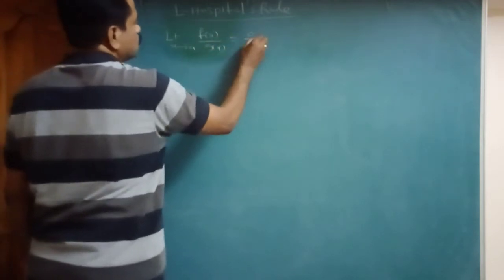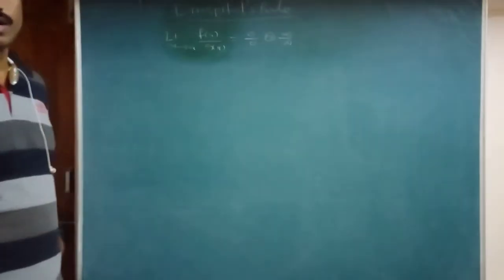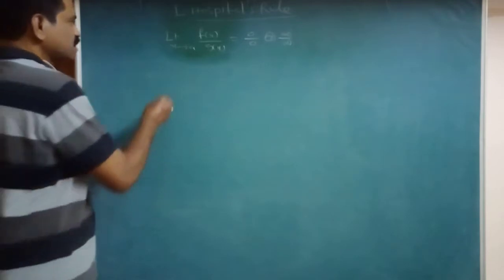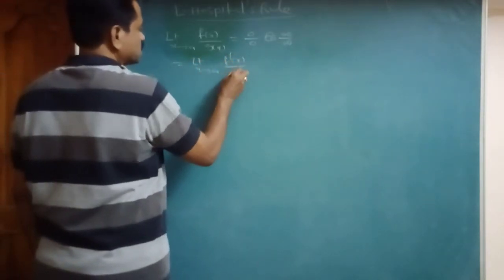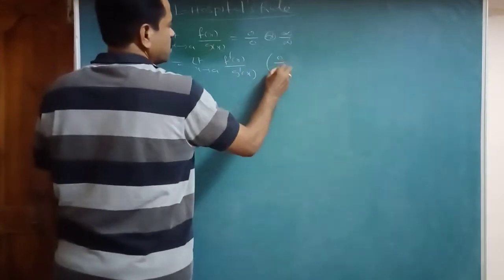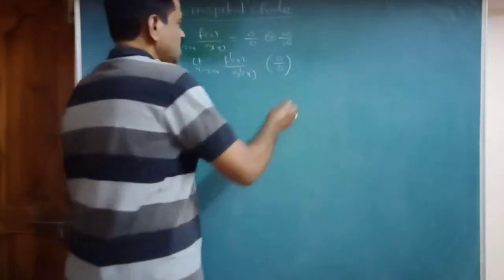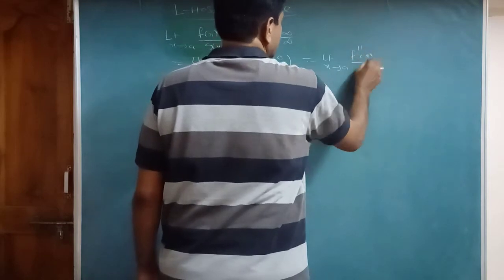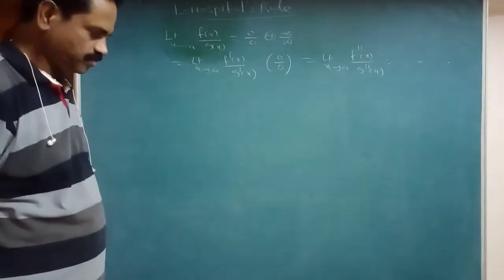So its value is 0 by 0 or infinity by infinity. When it is 0 by 0 or infinity by infinity, then take the derivative of the numerator and denominator. That equals limit x tends to a of f dash x by g dash x. If it again gives 0 by 0, then again take derivatives till we get the finite value: limit x tends to a of f double dash x by g double dash x, and so on till we get the finite value. So it is called L'Hospital's rule.